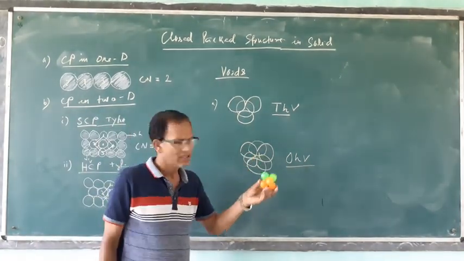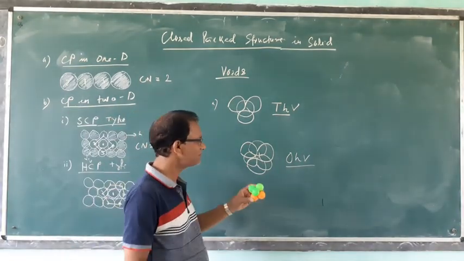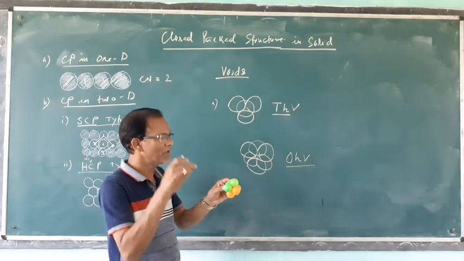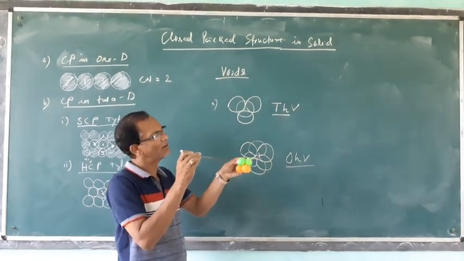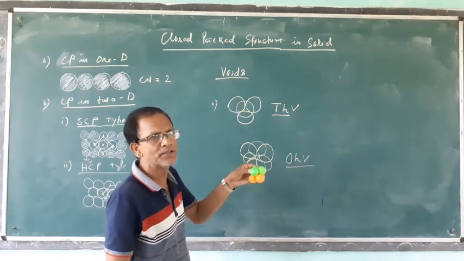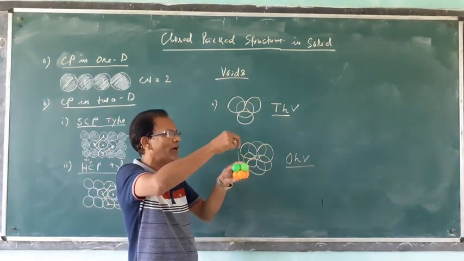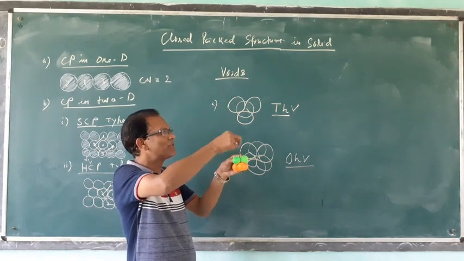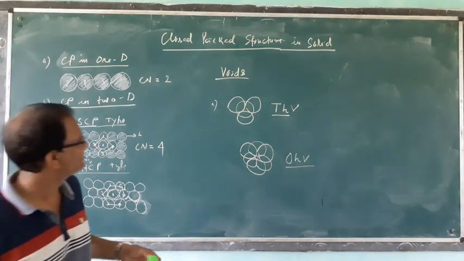Octahedral void: suppose you see here three spheres below and another three spheres above, that means second layer, first layer, second layer. You see the void. So this void is called an octahedral void.